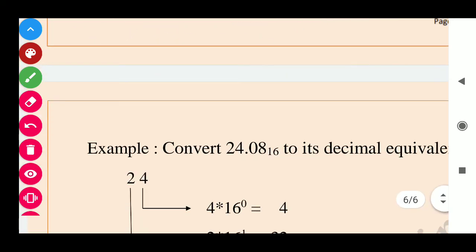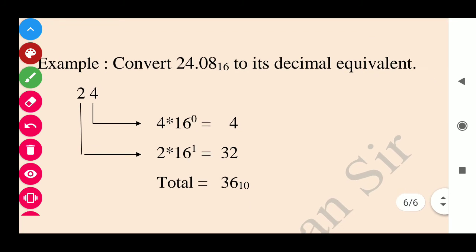Now an example with a fractional part: convert 24.08 base 16 to its decimal equivalent. In this, you have to convert the 24 part first, and after that convert your fractional part.